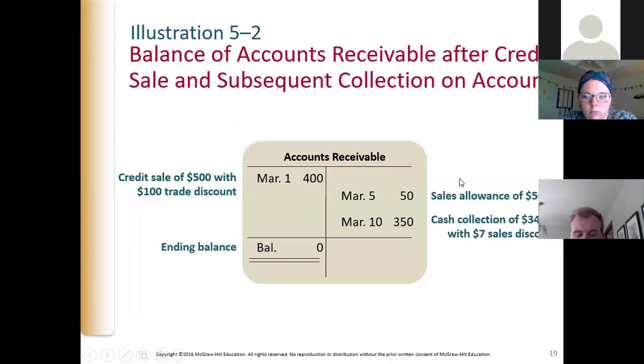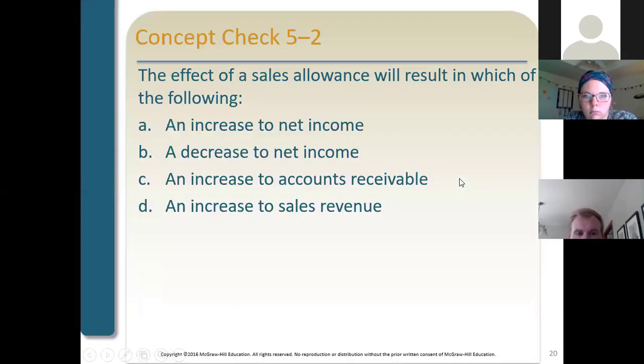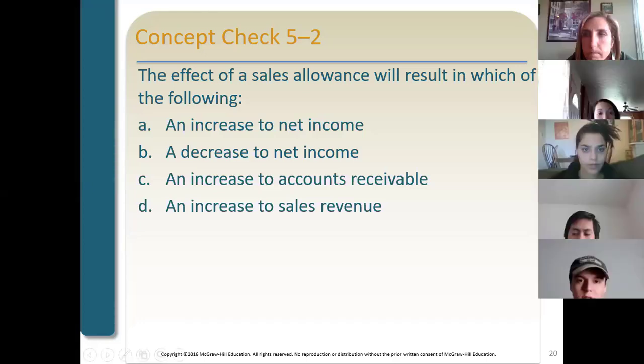I'm going to go kind of fast through some of these because actually, let's see if you know this answer. The effect of a sales allowance will result in which of the following? Any guesses? The effect of a sales allowance. B. What was the guess?